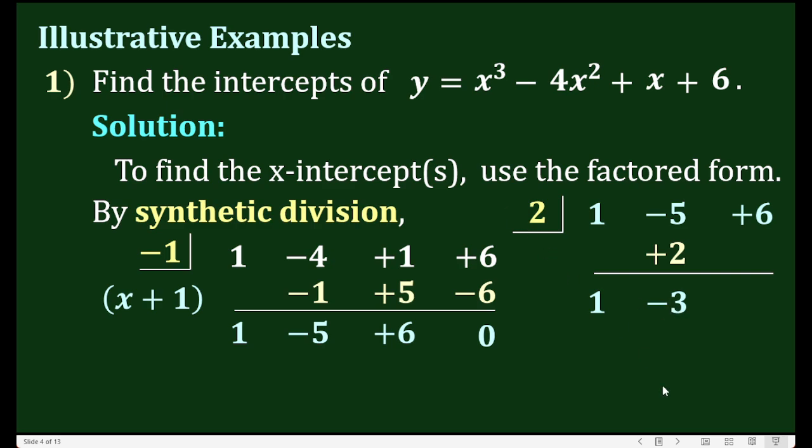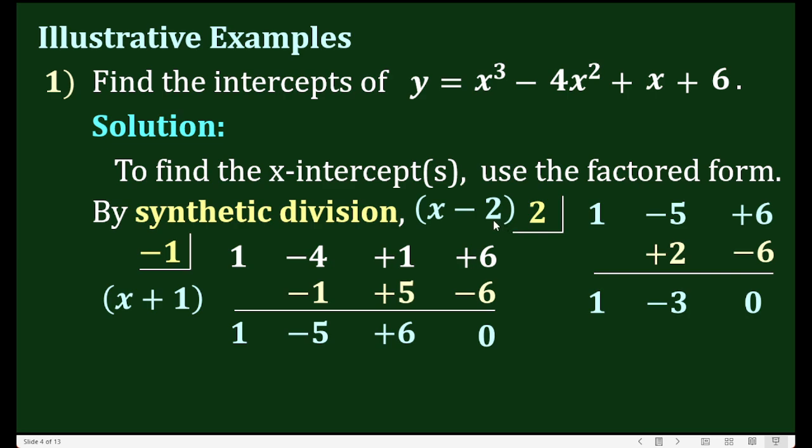Negative 3 times 2 is negative 6. Again we got a 0 remainder, meaning 2 is the second zero, or root, of this equation. From this value, the second factor is x minus 2.